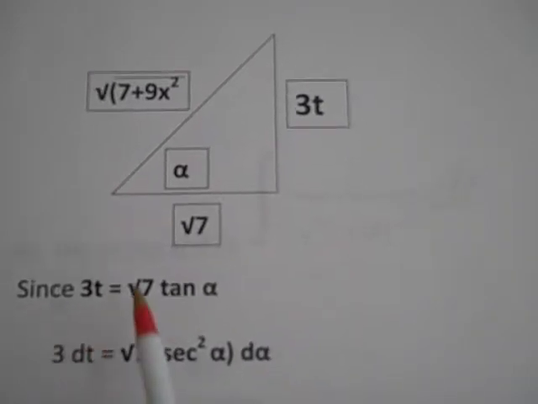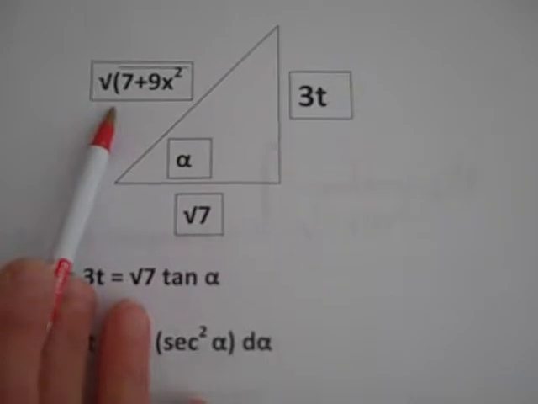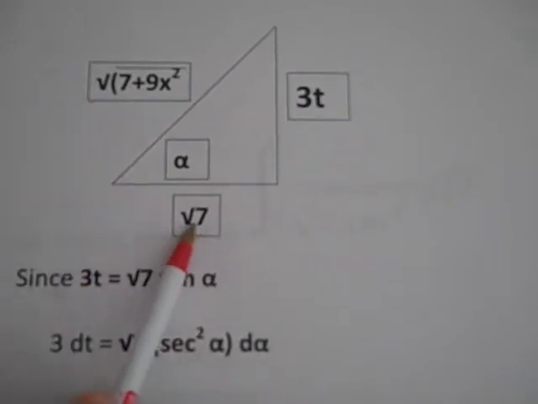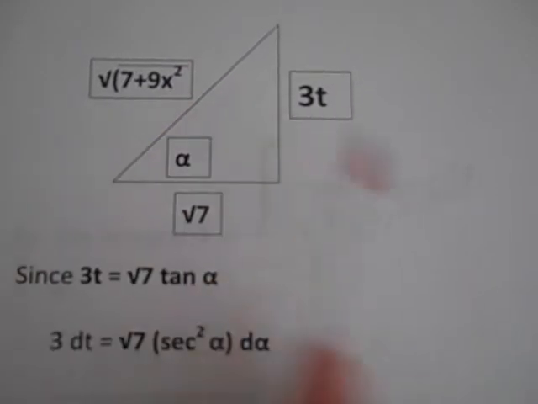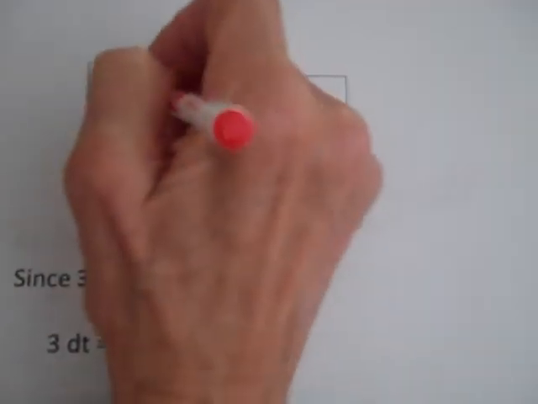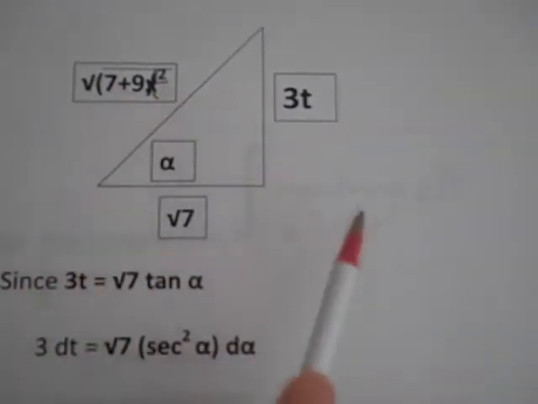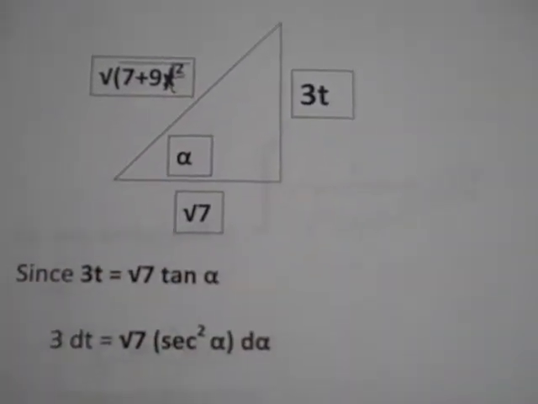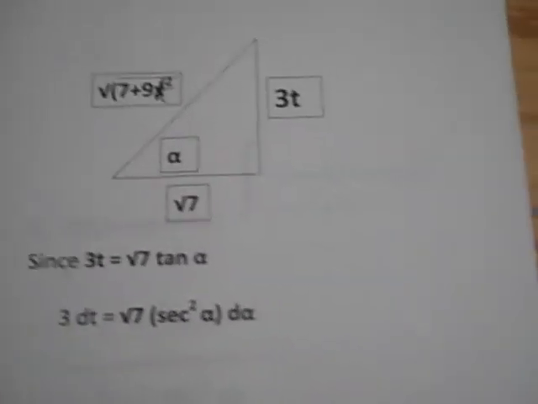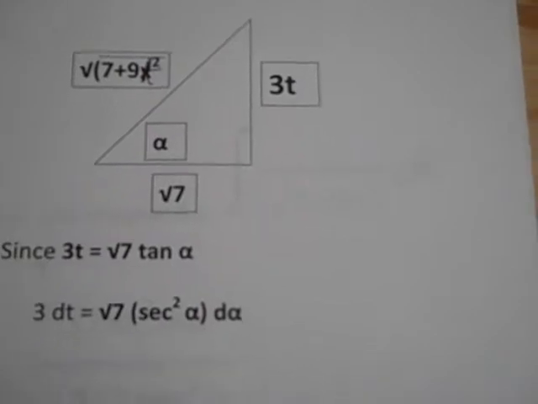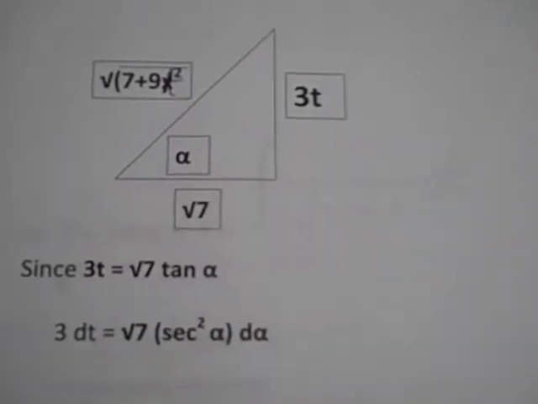And if that's the case, then I can just use the Pythagorean theorem to get the hypotenuse, and that would be the square root of 7 plus 9t squared. Whoops, I guess that should be a t right here, not an x. So I have my right triangle complete. Now I'm going to come back and use this triangle when I get my final answer. Like I said, we'll come back to it.